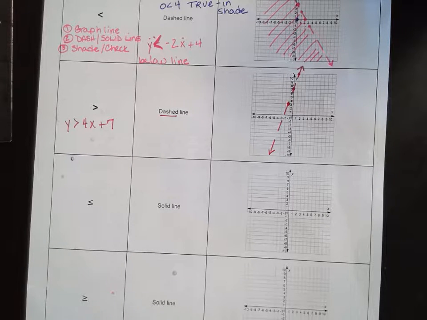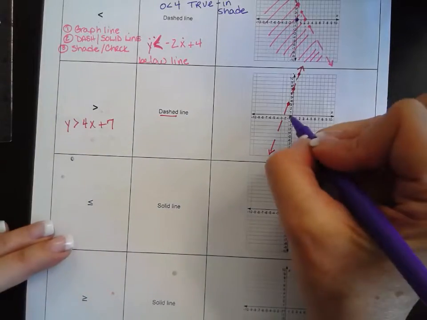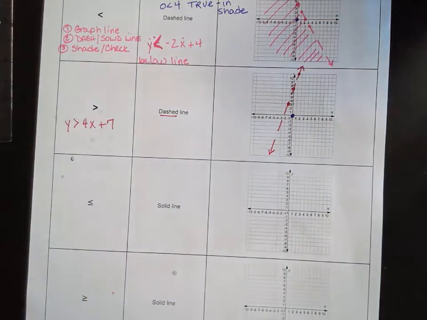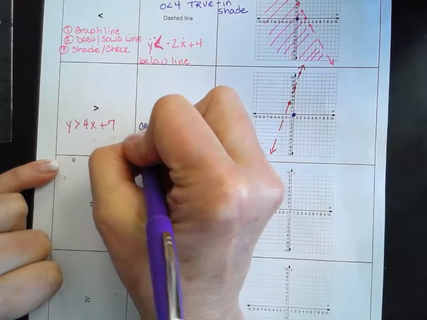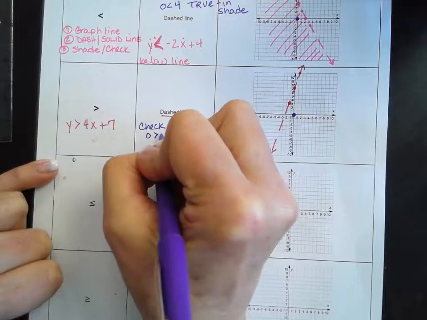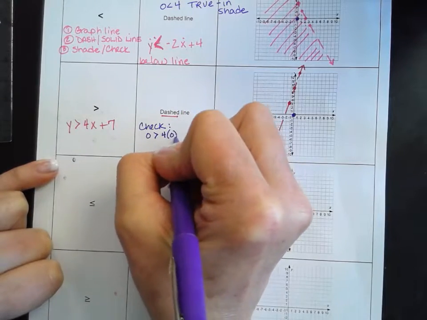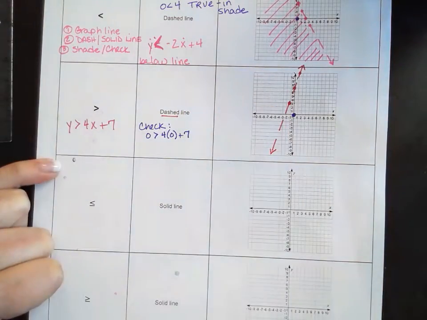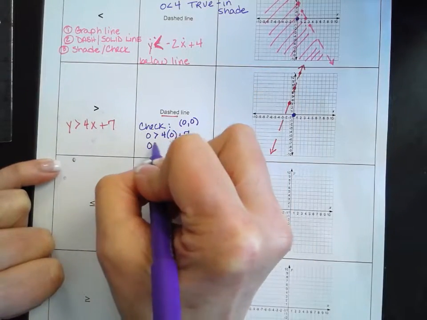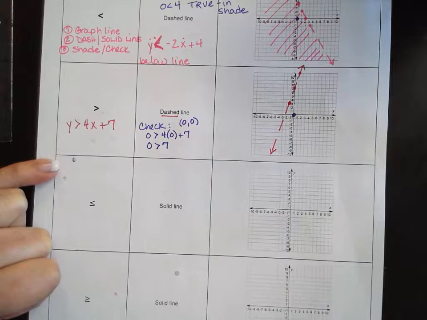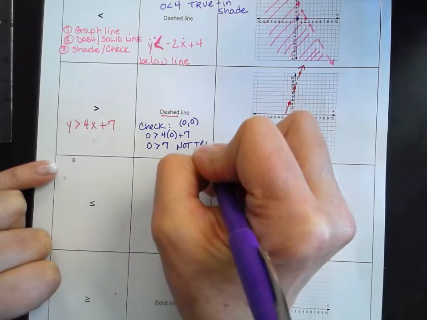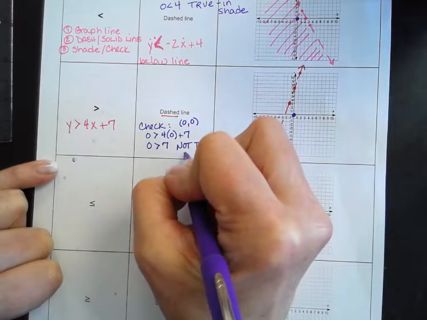So there's my line. Now, if it's greater than, you would tend to think that it would be above the line, but let's double check. Okay, again, I'm going to pick 0, 0 as my number. So that would mean 0 is greater than 4 times 0 plus 7. Is 0 greater than 7? No. Okay, so not true. So not in the shaded.